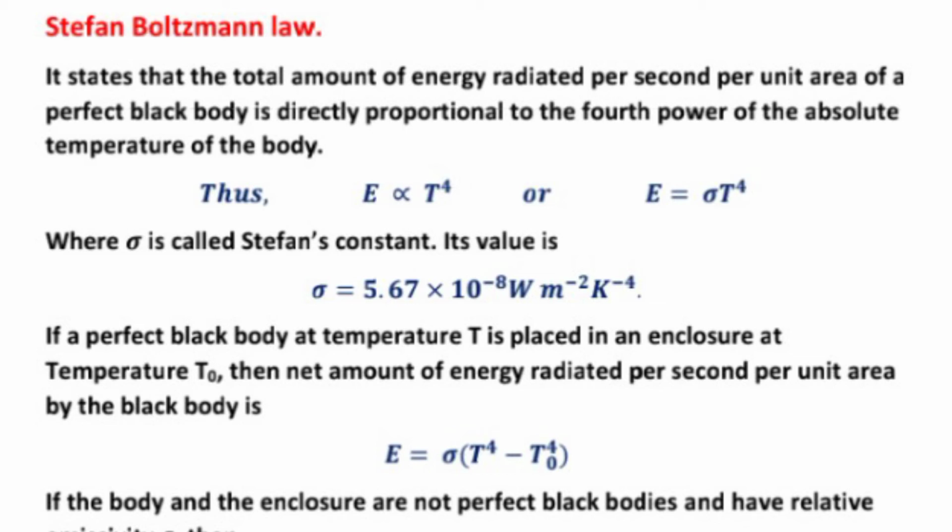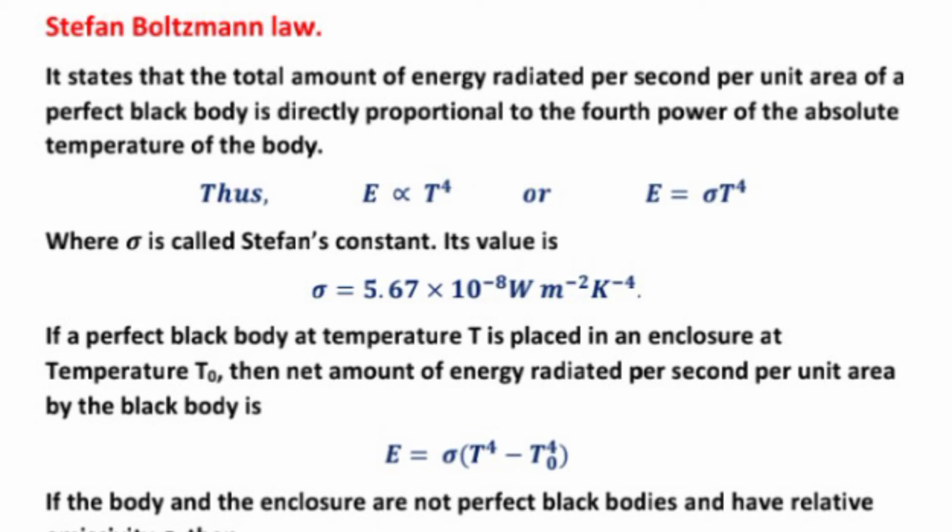Sigma is called Stefan's constant and its value is sigma equals 5.67 × 10^-8 W per meter square per Kelvin to the power 4.